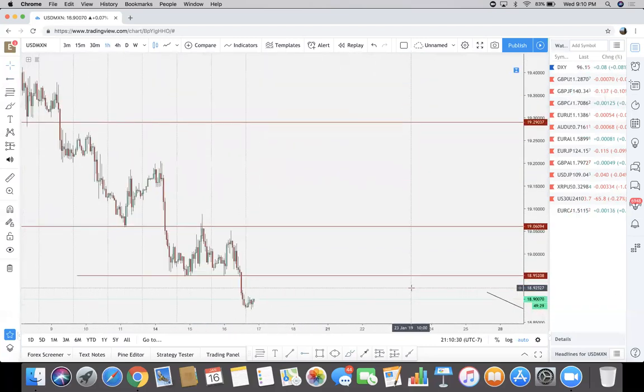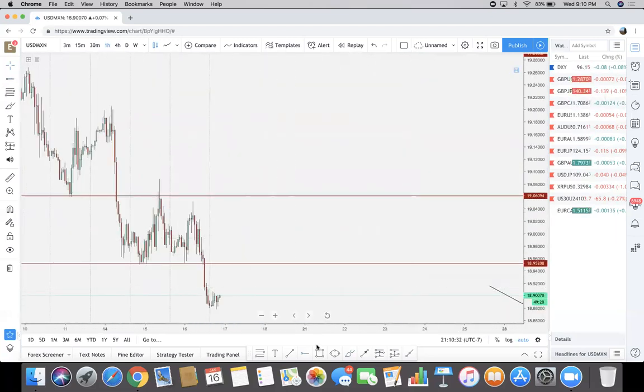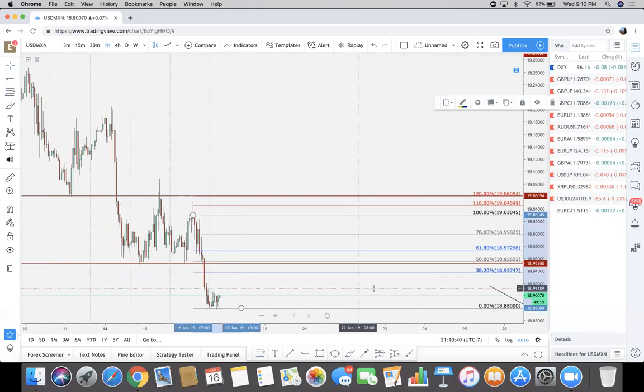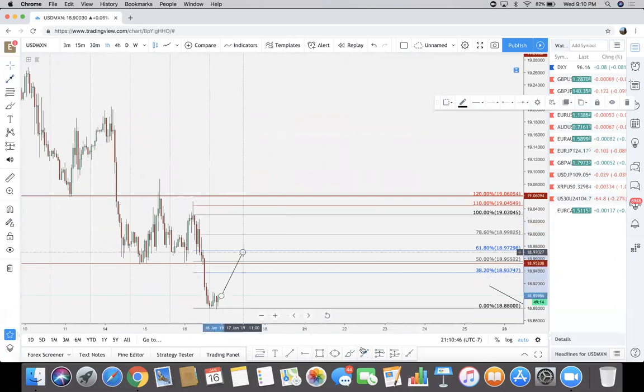If you wanted to take this trade, wait for it to come to either the 38.2 or the 61.8.